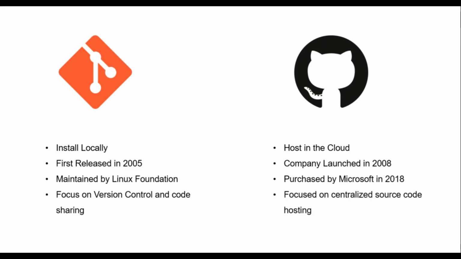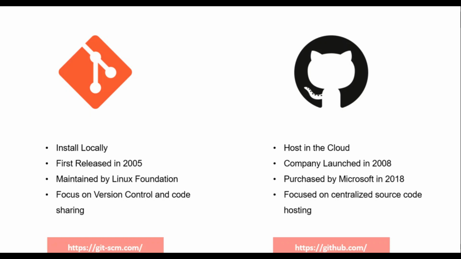So if you are working on a website or some kind of application, and you have some other friend who is living in some other place, both of you can upload the code on GitHub, so it will be centralized on GitHub. So that's the main focus of GitHub. And the website of Git is git-scm.com, and of GitHub is github.com.